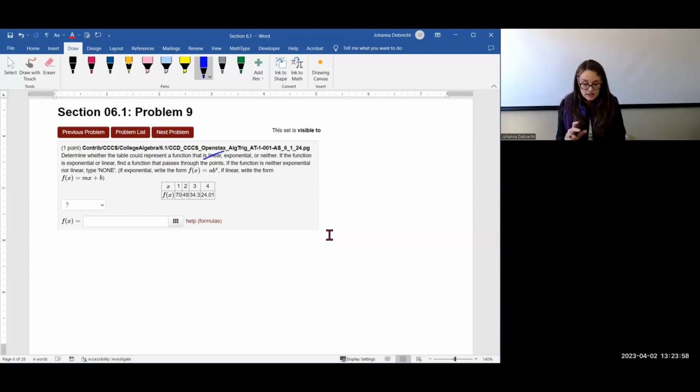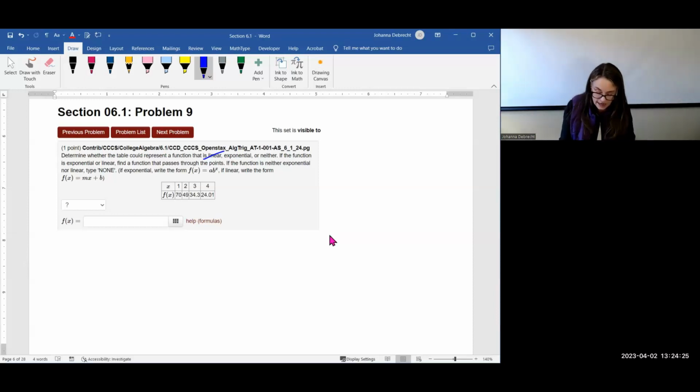So the question is, well, I mean, I could find the equation. I'm going to have to find the equation if it is exponential. But the question is, how do I know it's exponential? Well, if I'm looking at these each time, the question is, am I multiplying or dividing by the same value each time? So if I take my 49 and I divide by 70, I get 7 over 10.